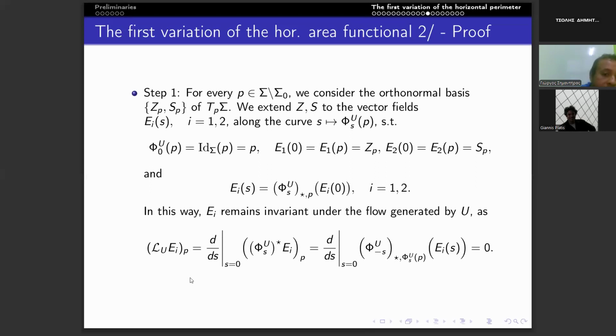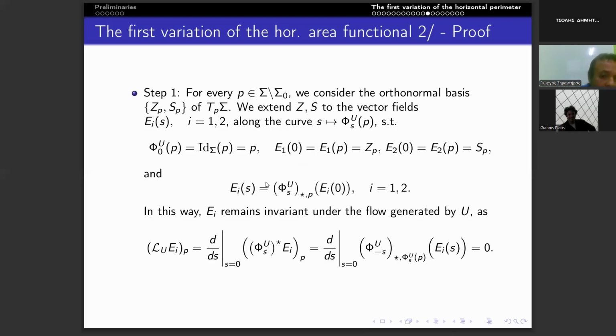So we can extend this basis to vector fields Z and S along the curve here, using the flow of the vector field U. The starting point is the point P here, and the starting basis of our tangent plane is practically E1 at 0 and E2 at 0, just the vector fields ZP and SP.